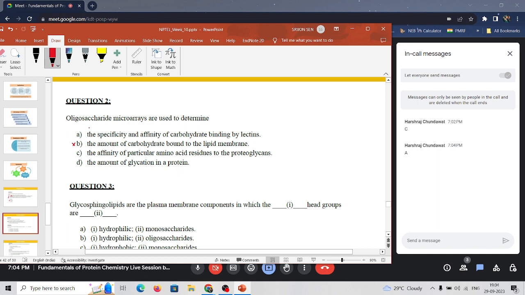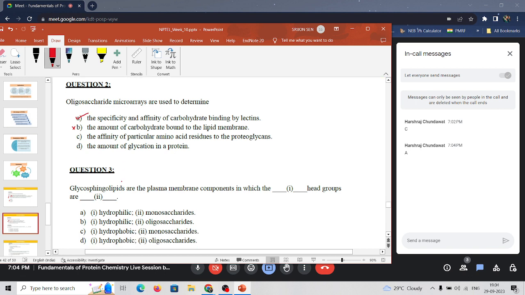Yes, so it's used to identify proteins with specific affinity to particular oligosaccharides, like you have the carbohydrates which are binding to the lectins. Yes, so A is the correct option. Very good.